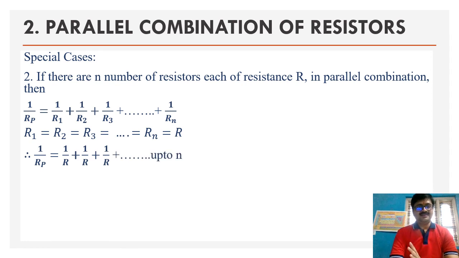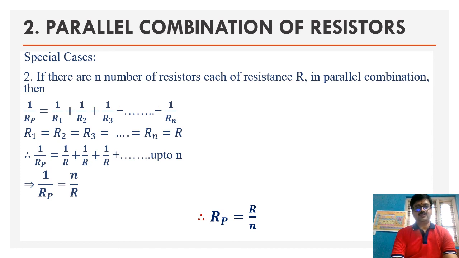Then if we take out 1 by R as common and add up everything, we will get sigma 1. Sigma 1 is nothing but n here. So accordingly 1 by RP will become equal to n divided by R. Finally, we'll take the reciprocal and write RP is equal to R divided by n.